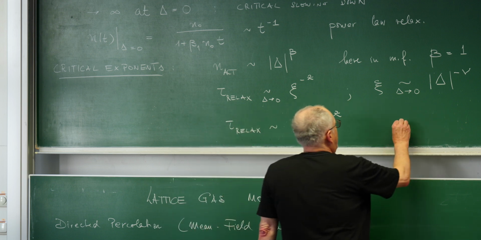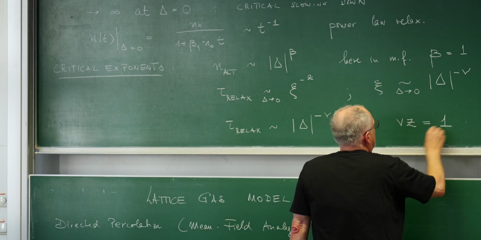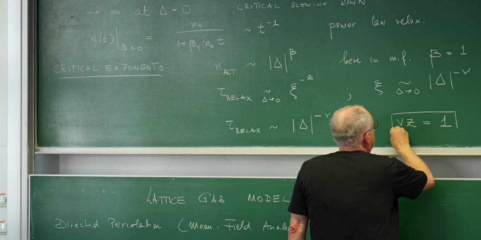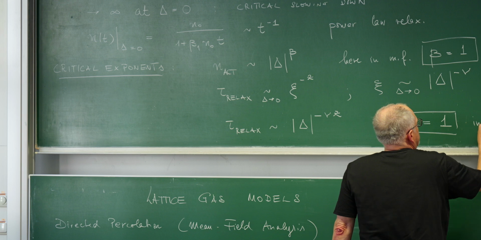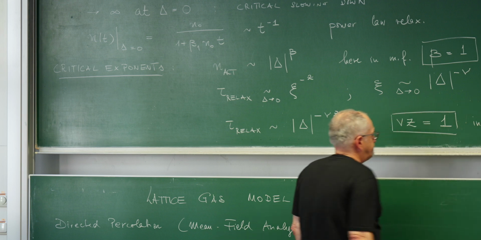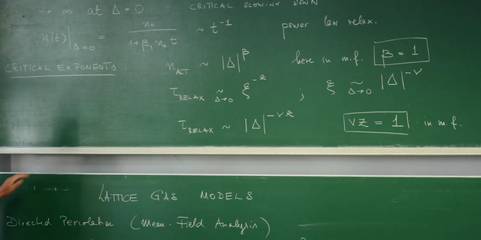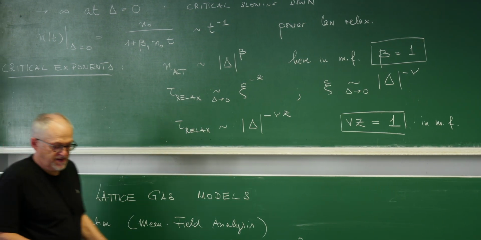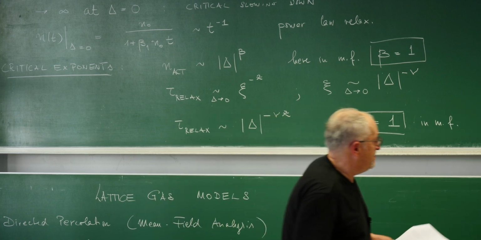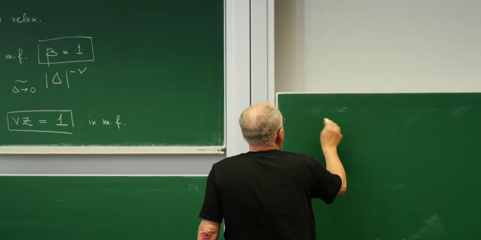And that means for this combination of exponents, we know that this is 1, again in mean field. What about the correlation length? Well, for that, we need to extend the model.